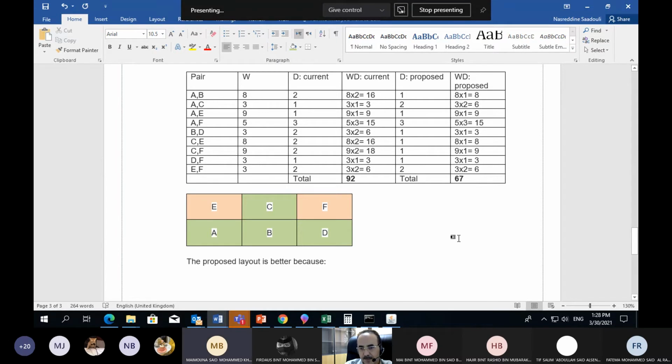It has the lowest total. Very good, because it has the lower total WD score. Correct. That's how we solve this.